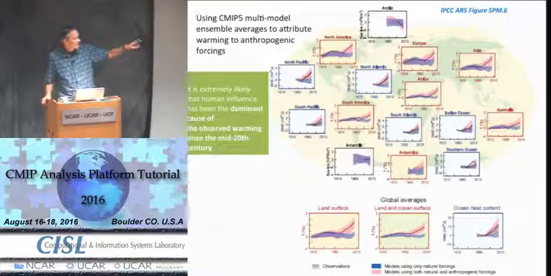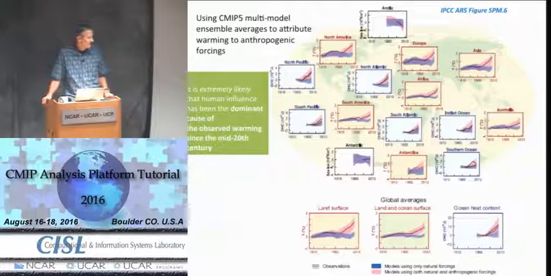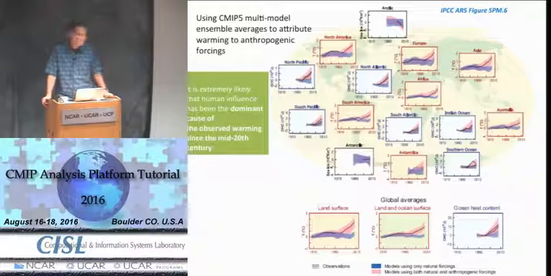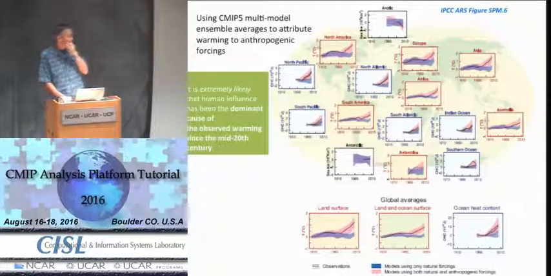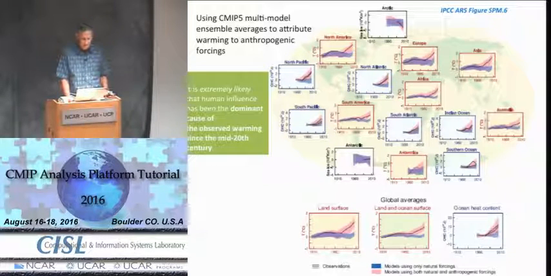That's the blue shading in this kind of plot. And then you add in the anthropogenic influences, the increasing greenhouse gases and changes in sulfate aerosols and ozone and things like that. And this is a relatively familiar picture that shows the multi-model ensembles with the ranges, the spread defined as we did before.